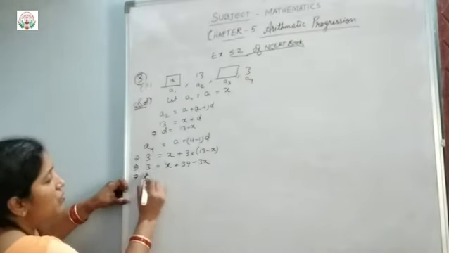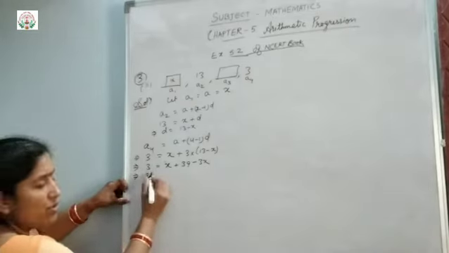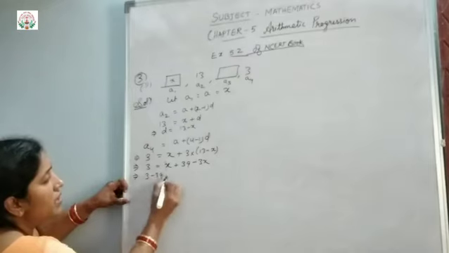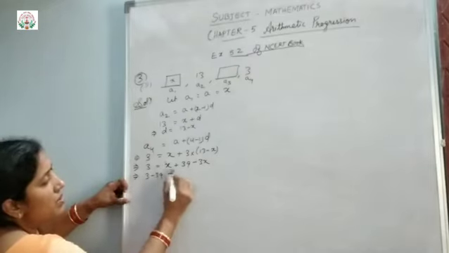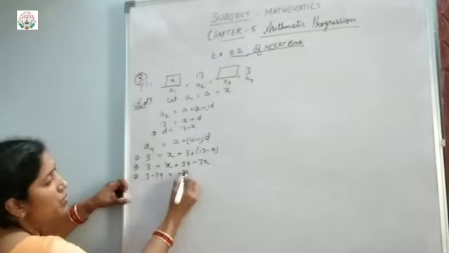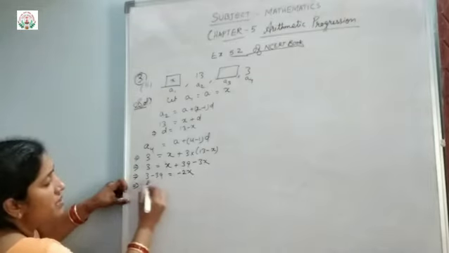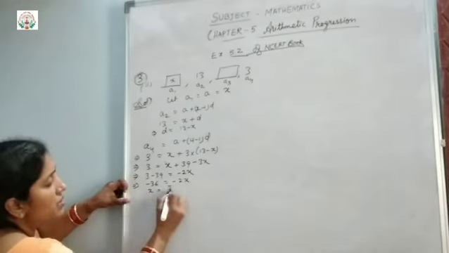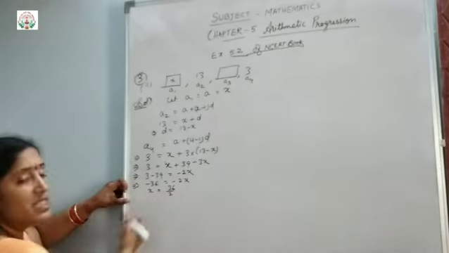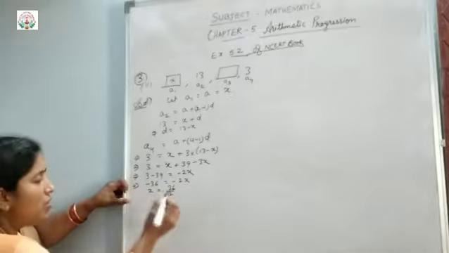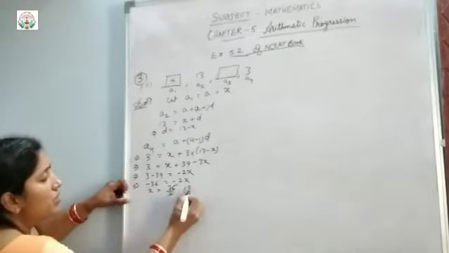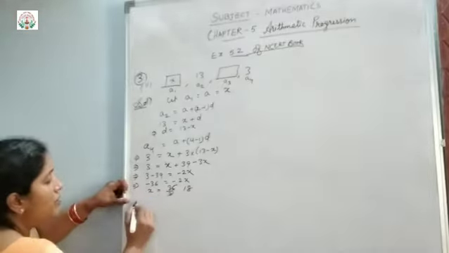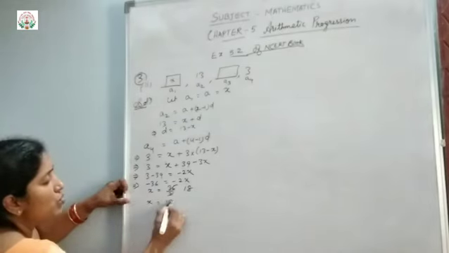Bring the constant this side: 39 minus 3 equals X minus 3X, so 36 equals minus 2X. So X will be 36 upon 2, because the negative signs on both sides cancel off. Therefore X equals 18.